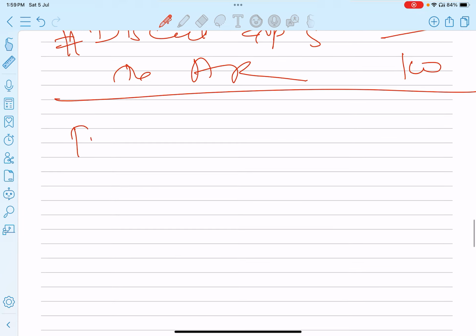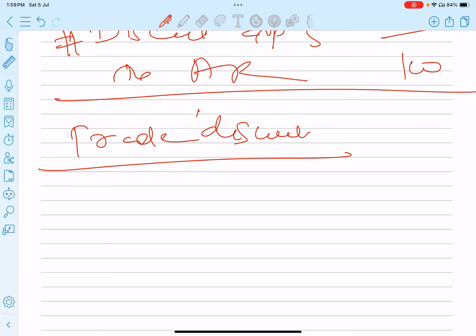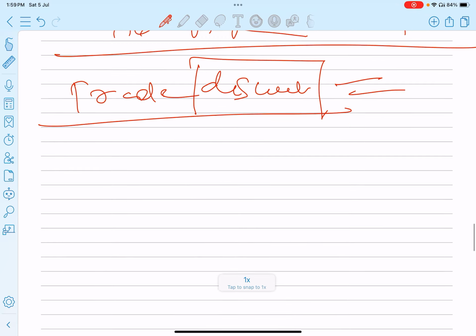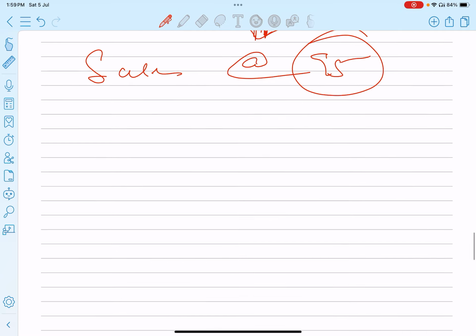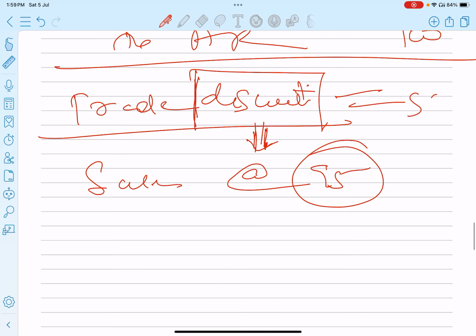Now coming to the trade discount. In trade discount, you don't need to pass any journal entry because there is no relation with expediting the payment. You will simply record your sales at 95, assuming the trade discount is 5.